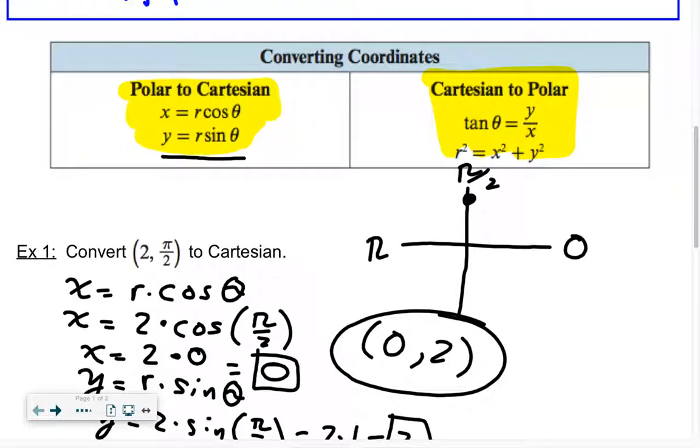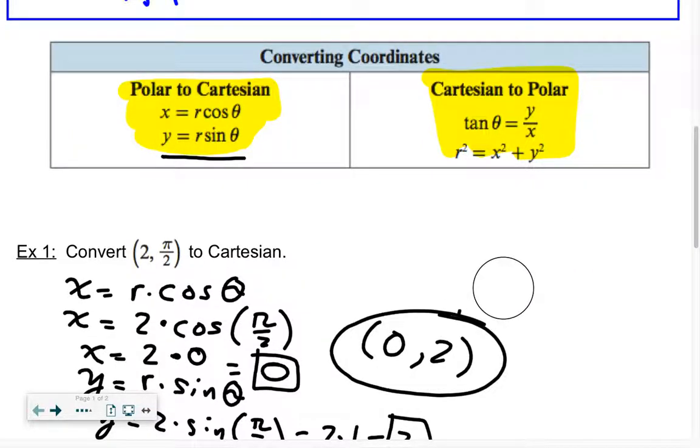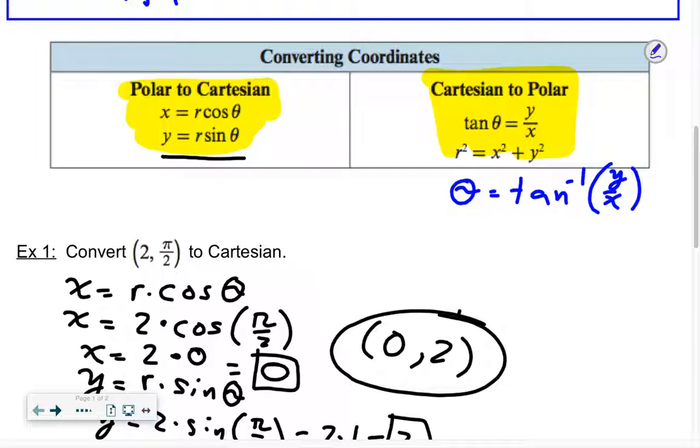I forgot to mention this to you. If we look at what they give us, the tangent of theta is going to be equal to y over x. And what we really want is just theta, right? So instead of saying it's the tangent of theta, let's just solve for theta. Because ultimately, we're going to take the x and y and plug it in, and then solve for that angle.